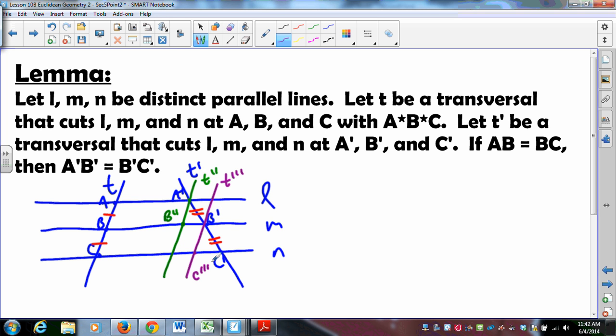So here's my claim. Because of the parallel construction here, T is parallel to T double prime is parallel to T triple prime, this angle is congruent to that one. Should flow fairly obviously. And this angle is congruent to that one.